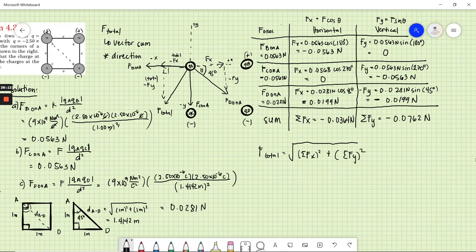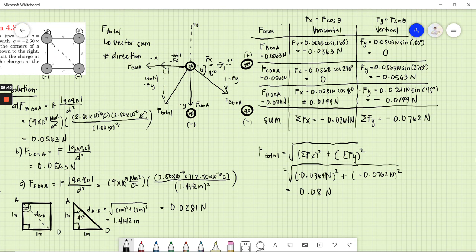So that's Fx squared plus Fy squared, and if you plug in the values, negative 0.0364 newtons squared plus negative 0.0762 newtons squared, you would get that the F total is actually equal to 0.08 newtons.